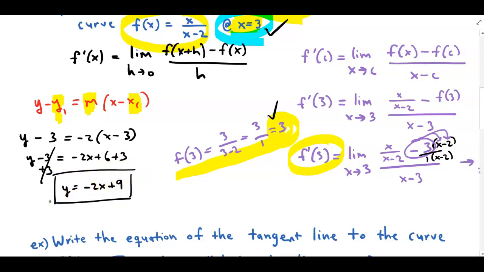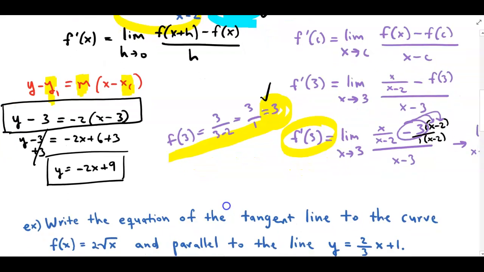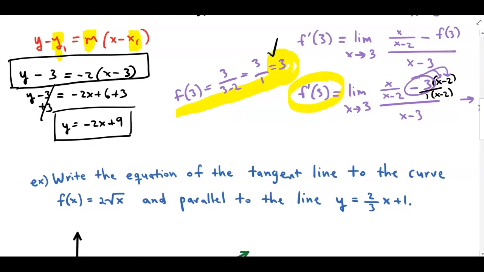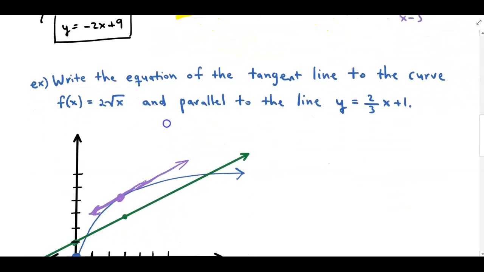But on the AP exam, this would have been acceptable, right? It's an equation of a line. However, when you're doing your homework, I encourage you to simplify, practice your algebra skills. Don't let the algebra get in the way of you getting the right answer, and just make sure you're getting them right. All right, our next example.